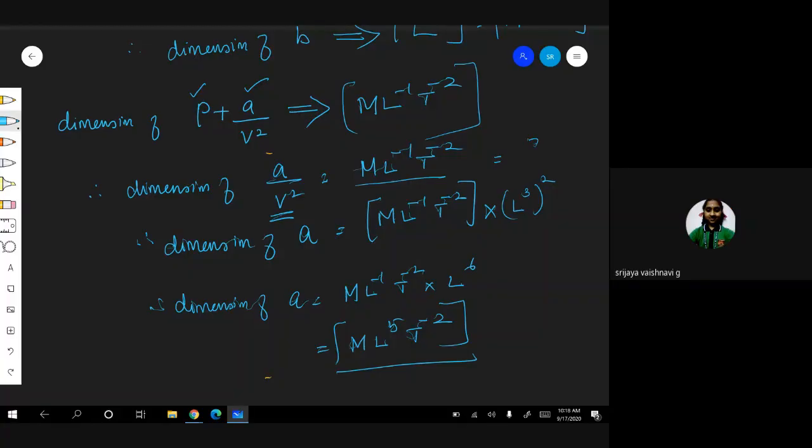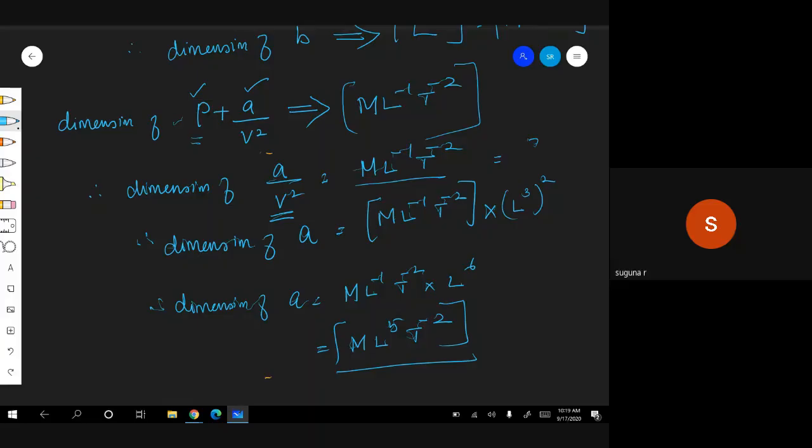Ma'am, I didn't understand the dimension of A by V squared. The dimension of A by V squared should be equal to the dimension of pressure. Why? I told you, if I am adding A by V squared with the pressure, the dimension of A by V squared should also be that of pressure.